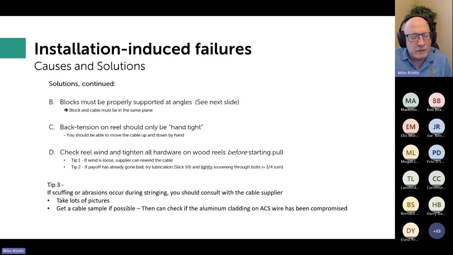The other thing that you can do, and you have to be really careful doing this, is to lightly loosen the hardware. Now, I know I just told you to tighten it before you begin. Yeah, but if you've got a problem starting, you need the cable to maybe move just a little bit. And one way to do that is to loosen the hardware just a little, like I say here, about a quarter turn.